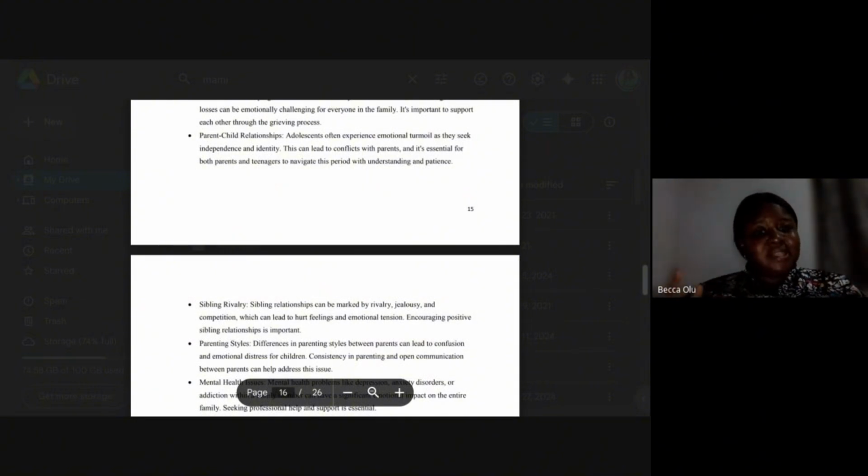Interestingly, both parties are correct. Both parties need to find a way to synchronize, right? Parents should be willing to listen to their children, but the children should also listen to their parents, because the truth is your parents have lived life longer than you have. I remember when I was a teenager, my mom would always tell me, don't worry now, when you grow up, when you become an adult, maybe you will understand. I'm like, what's there to understand? Now I'm an adult and I understand.